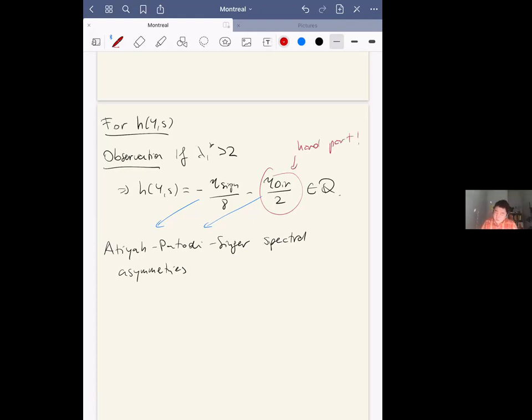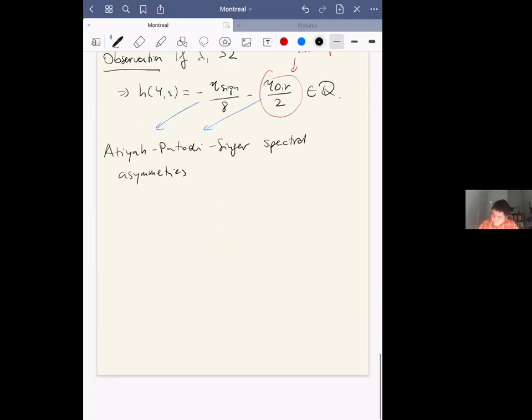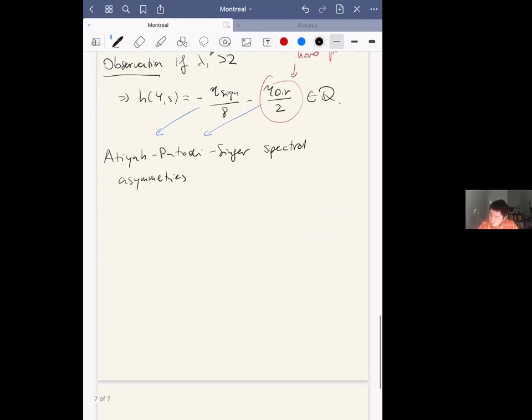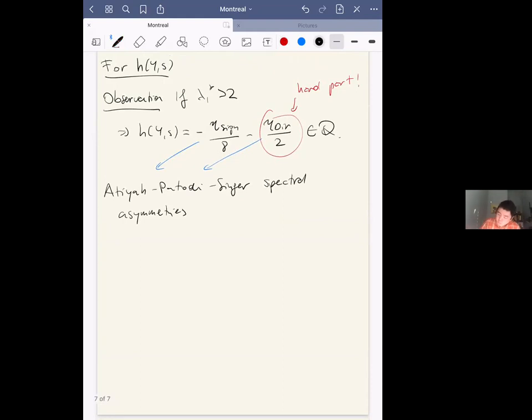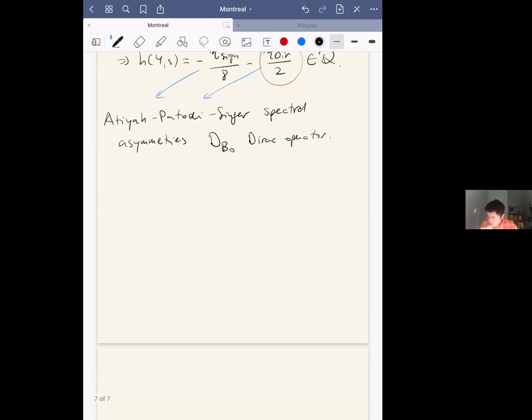Let me briefly tell you what these are. Once you have a spin^c structure on a rational homology sphere, you have the Dirac operator, which is the one associated to the flat connection on the determinant line bundle. You don't really need to know much about the Dirac operator, except that it's a diagonalizable operator.